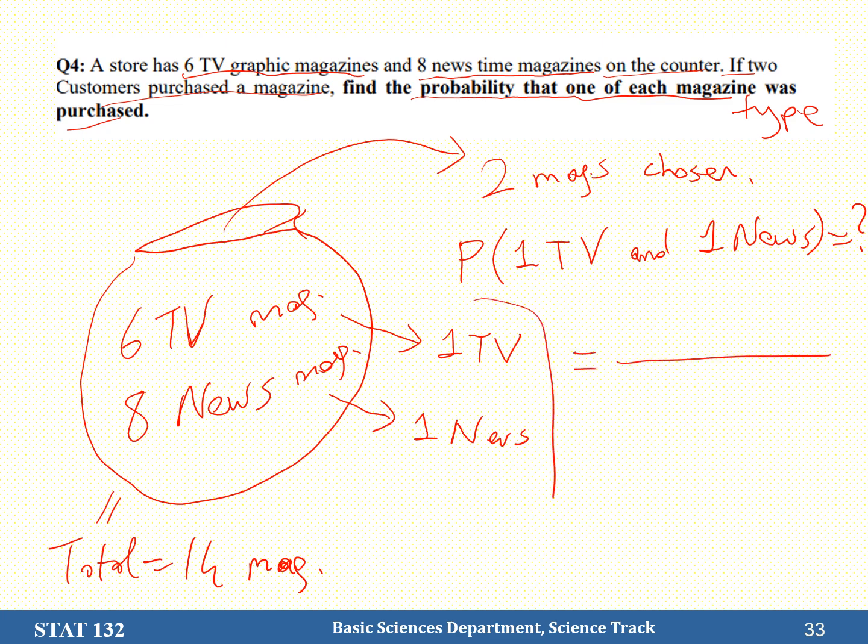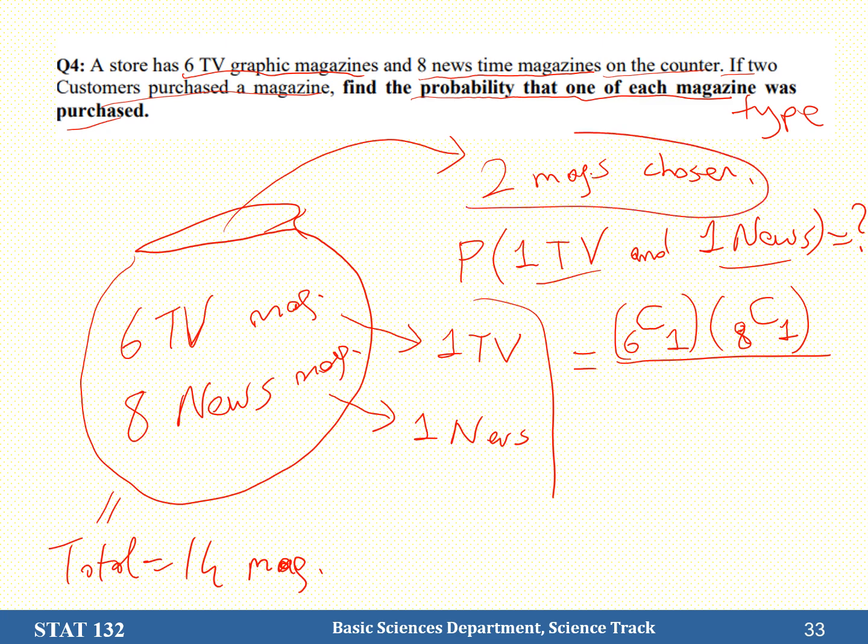This is equal to the number of ways of choosing 1 from 6 and choosing 1 from 8. So these are the ways of choosing one TV and one news. If you want the probability, you have to count all the possible ways of choosing 2 out of 14.